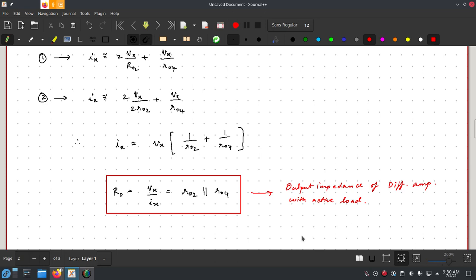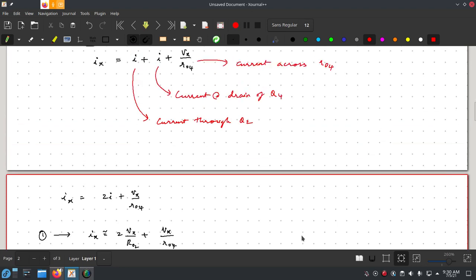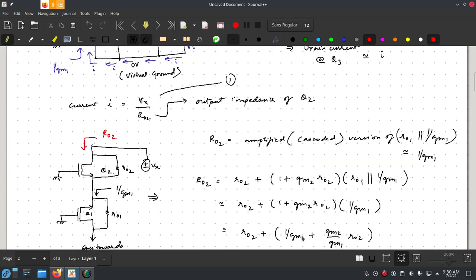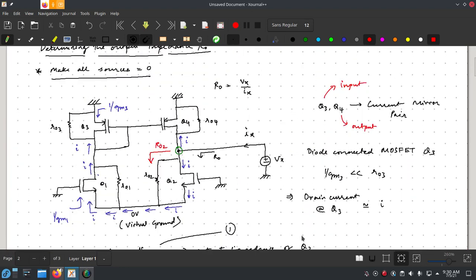And if you think of this r02 parallel r04, you can actually derive it very intuitively. R0 is the value seen here.